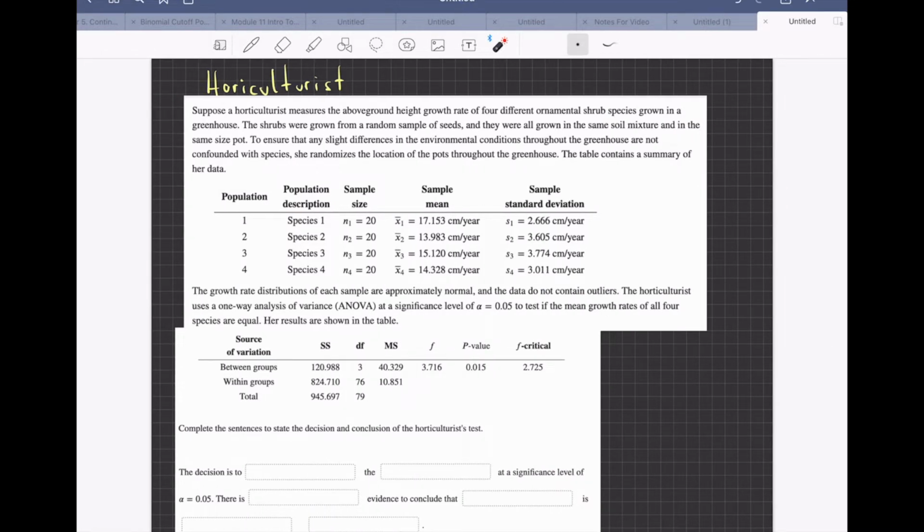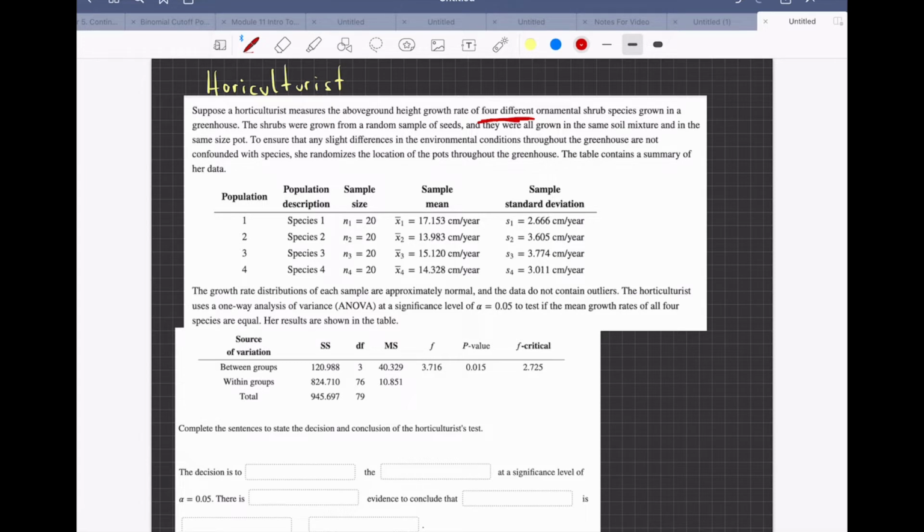All right, the first example. Suppose a horticulturist measures the above ground height growth rate of 4 different ornamental shrub species grown in a greenhouse.